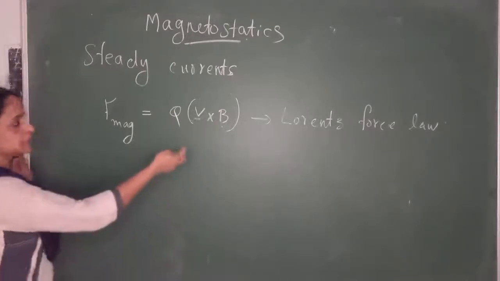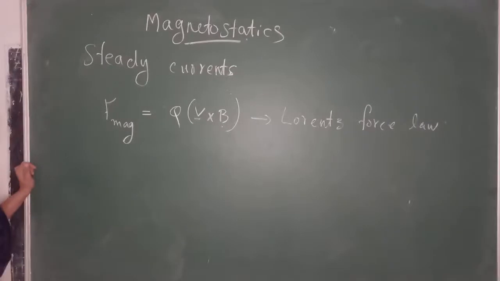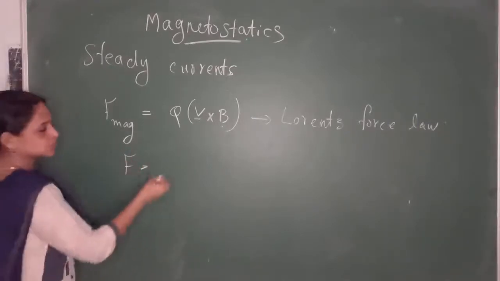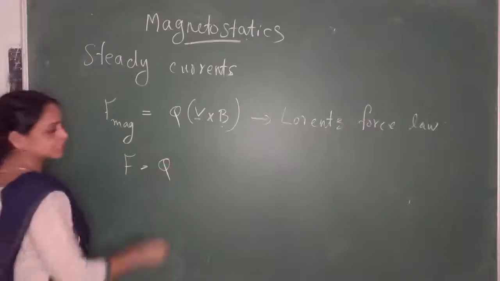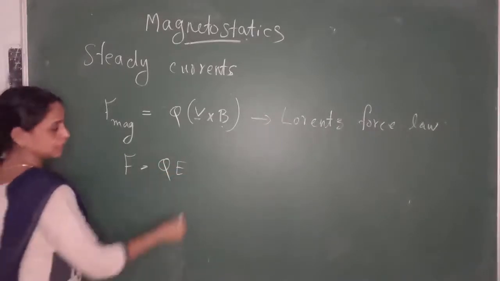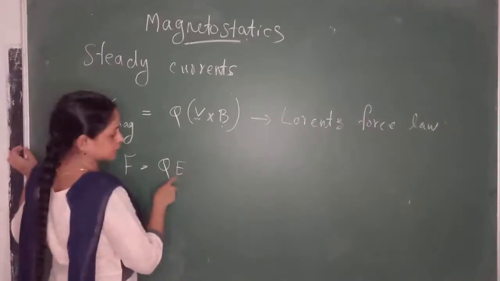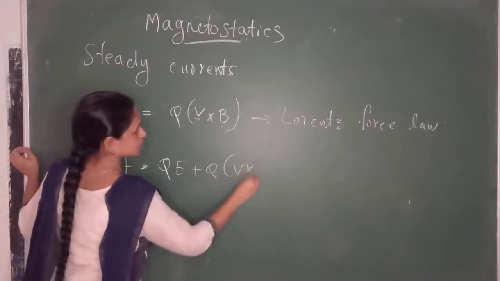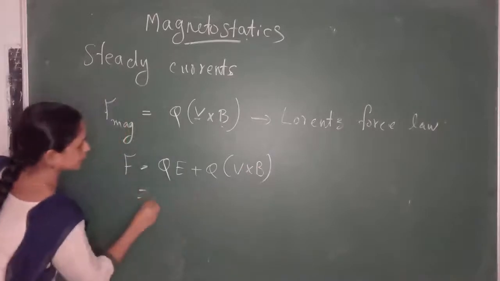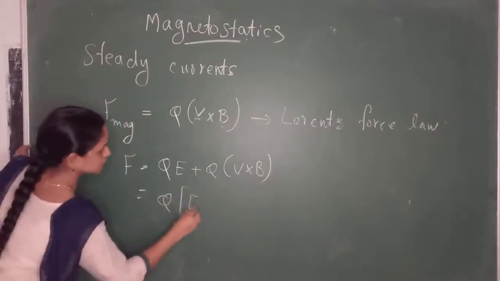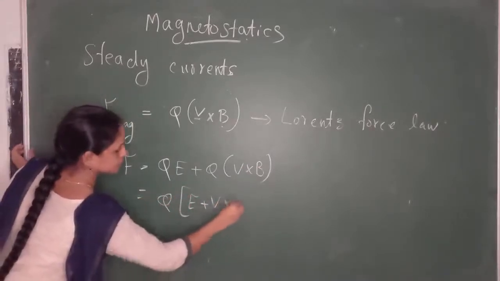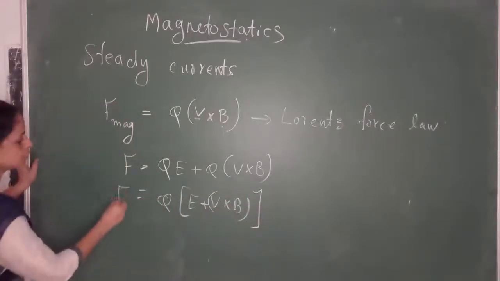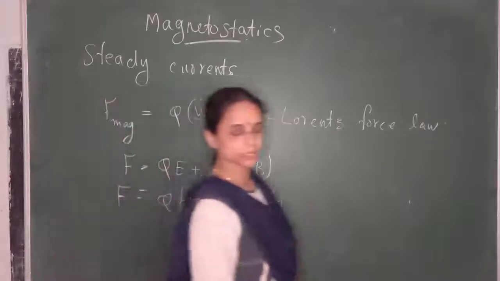And if there is an electric and magnetic field acting together, then the total force is given by the force due to the electric field, that is the electrostatic force Q into E, plus Q into V cross B, which is equal to Q into (E plus V cross B). So this is the total force acting on a charge Q.